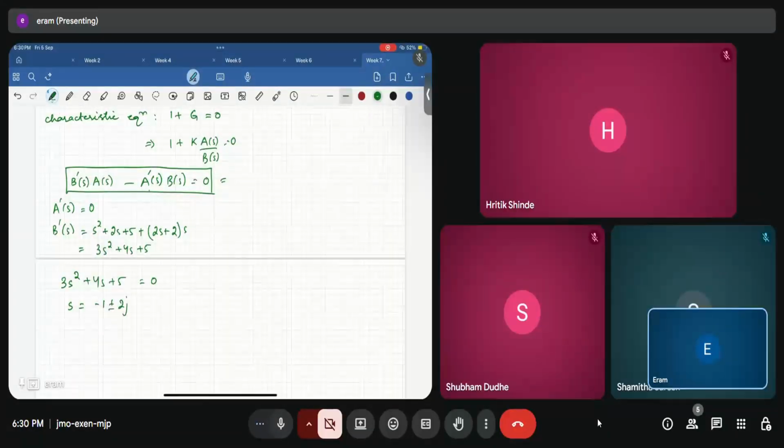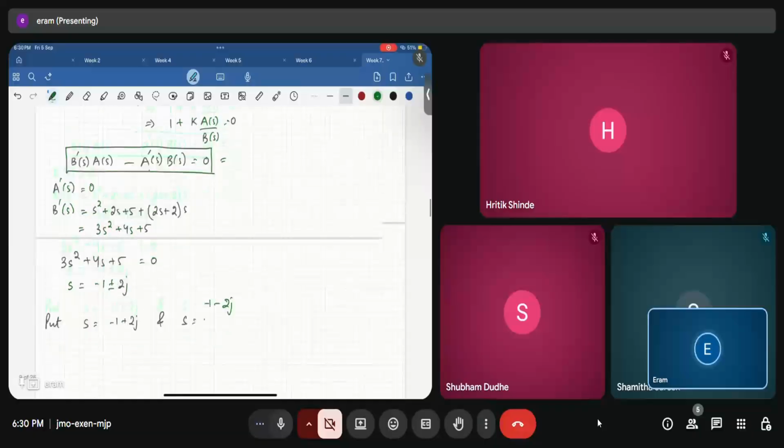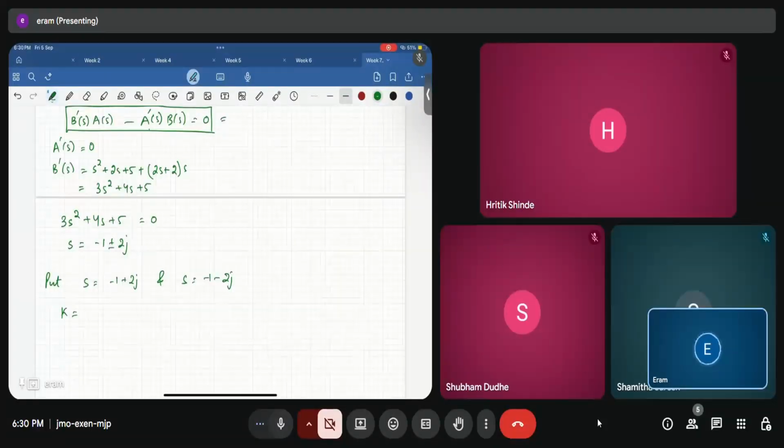Now we have to put s equals minus 1 plus 2j and s equals minus 1 minus 2j into our case, which is k equals minus B(s) by A(s). We have to put these 2 values of s in this equation, and we have to calculate k.